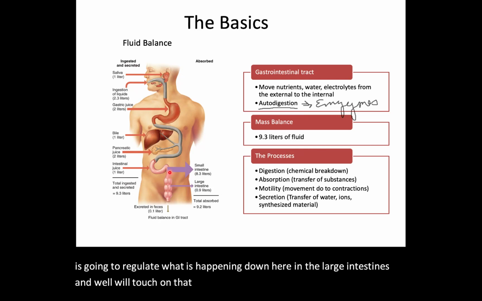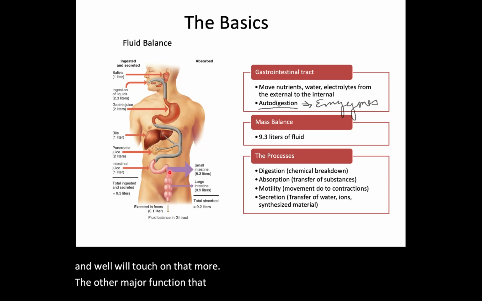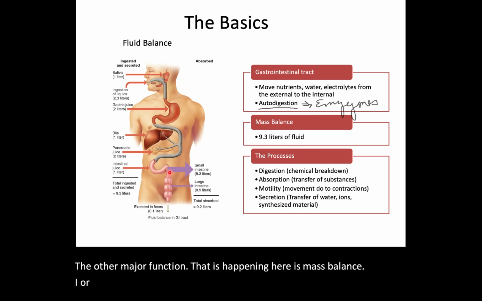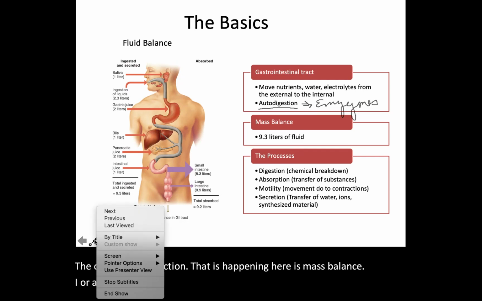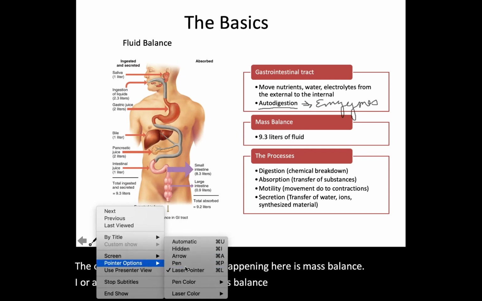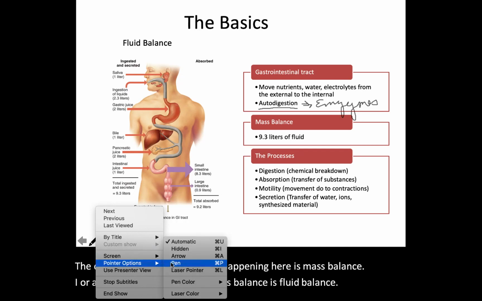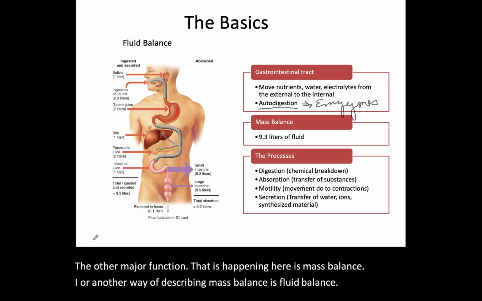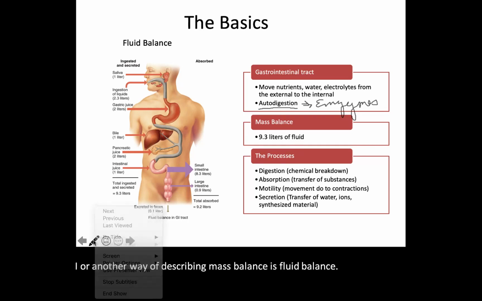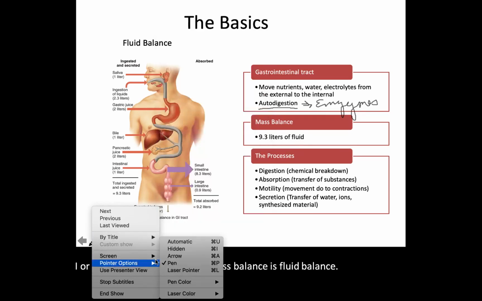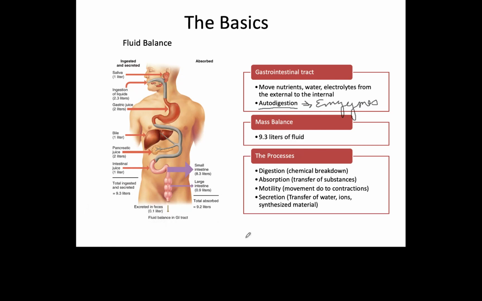The other major function that is happening here is mass balance. Or another way of describing mass balance is fluid balance. And so sometimes you'll see this referred to as fluid balance.